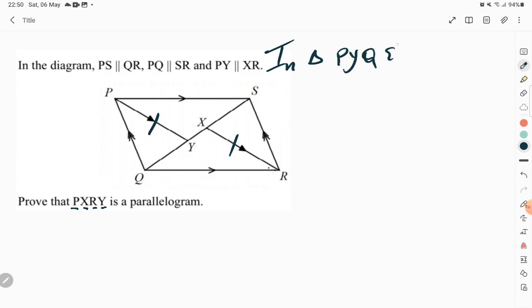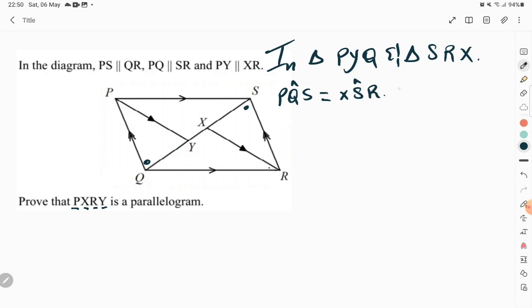So which means in triangle PYQ and triangle SRX, what is it that we notice here? We notice that angle PQY, which is this one, is equal to angle XSR, that is that angle.